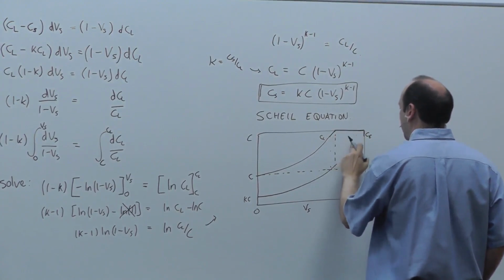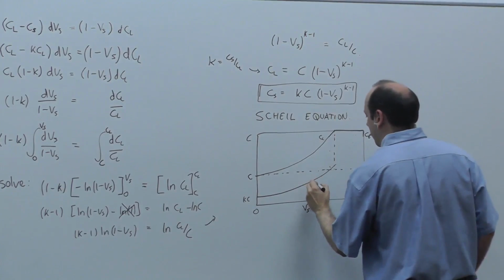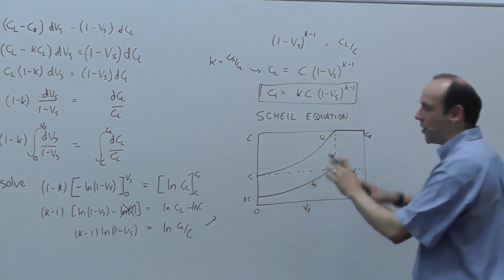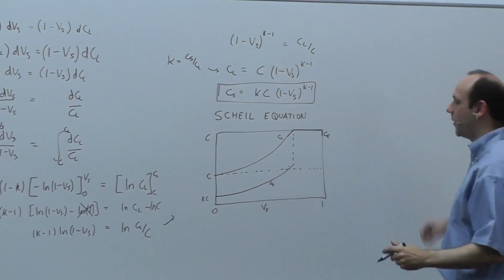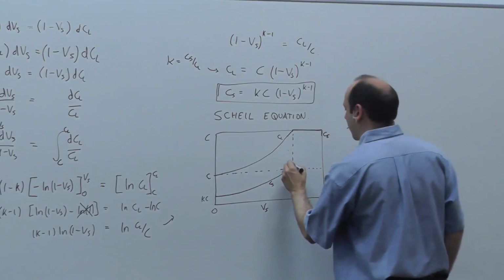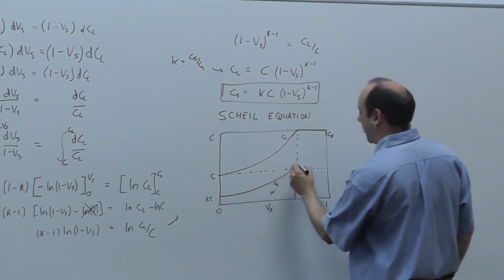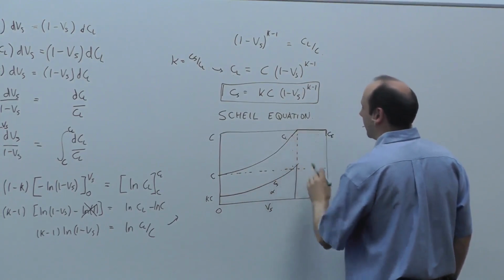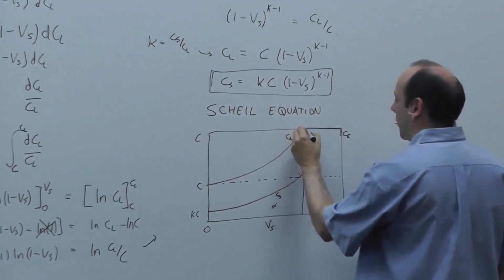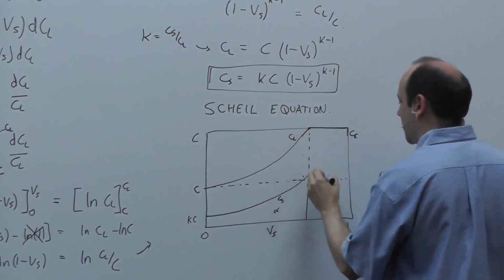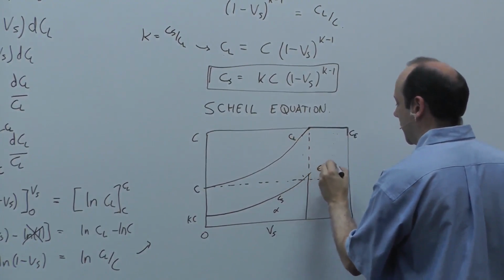At that point, this whole derivation stops applying, and the remaining solid, so that's all our alpha phase that's solidified, and then the remaining liquid here that was all at this composition becomes a eutectic mixture.